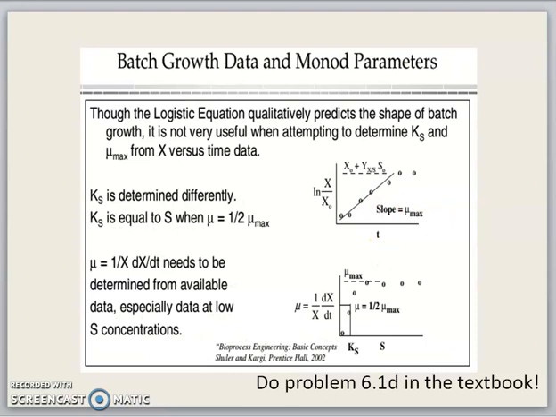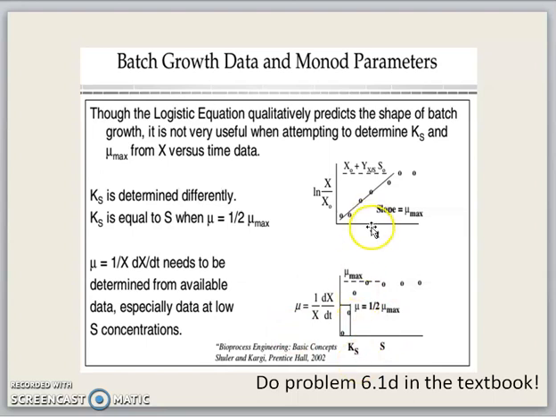Though the logistic equation qualitatively predicts the shape of batch growth, it is not very useful in order for you to determine the Ks and mu max values. Then what you have to do is plot a graph of mu versus S, like the one below here, in order to determine the Ks value.